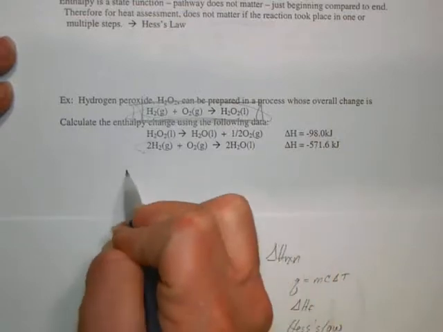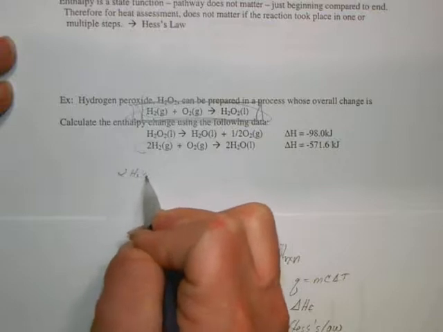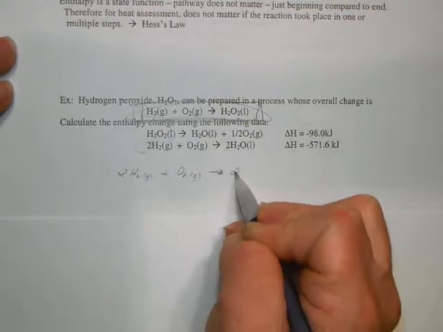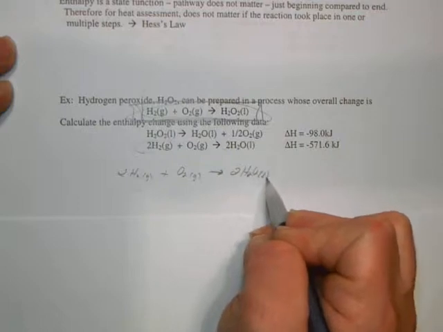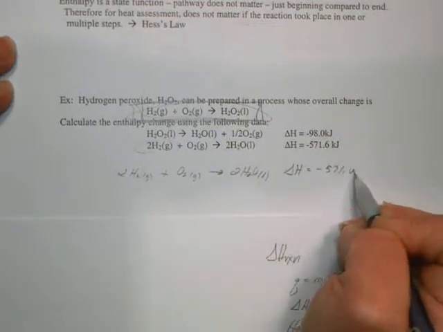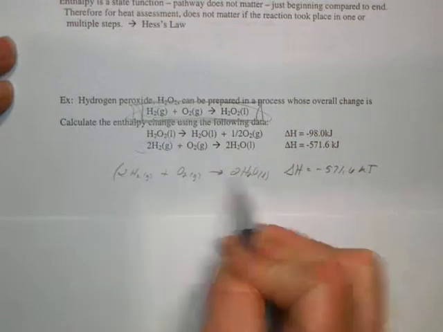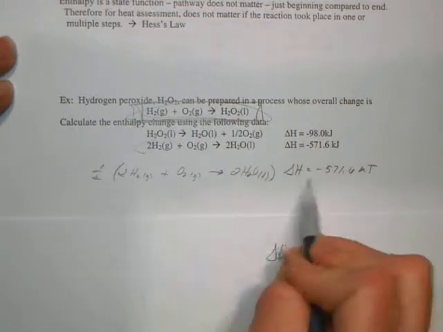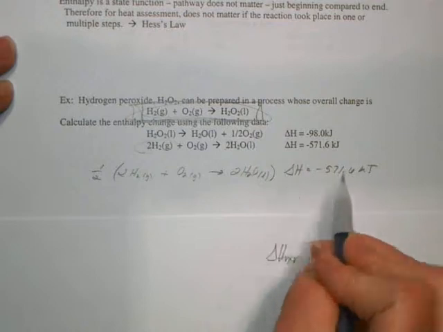So if I look at 2H2 gas, be very careful of our states, yielding 2H2O liquid, and the enthalpy of this is negative 571.6 kilojoules. If I multiply through by 1/2, I must also adapt this by multiplying by 1/2.